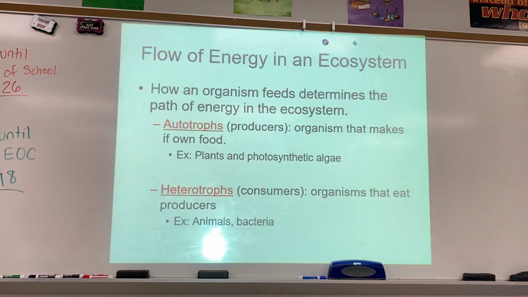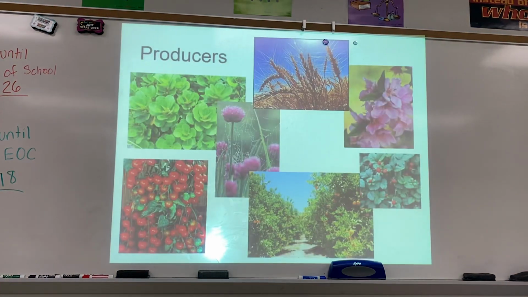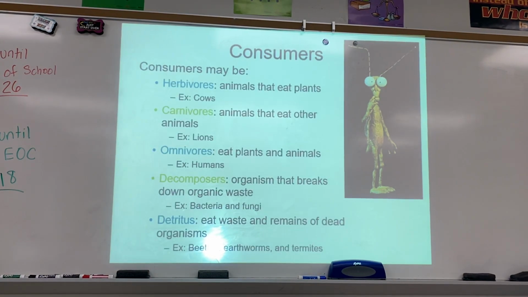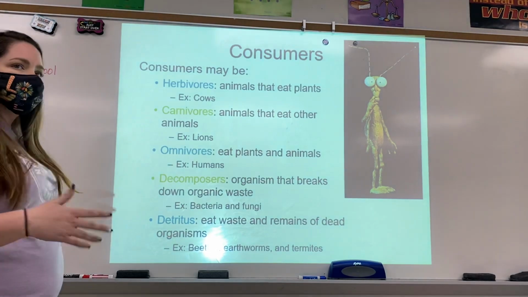Producers, you usually only have one type of producer. It's usually a plant, some kind of plant material. That is your producer. That's what's going to produce your energy. Your consumers, however, you can have multiple types of consumers based on what they consume. What do they eat?